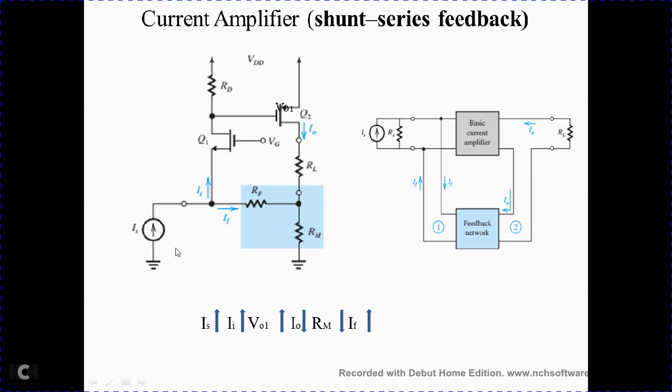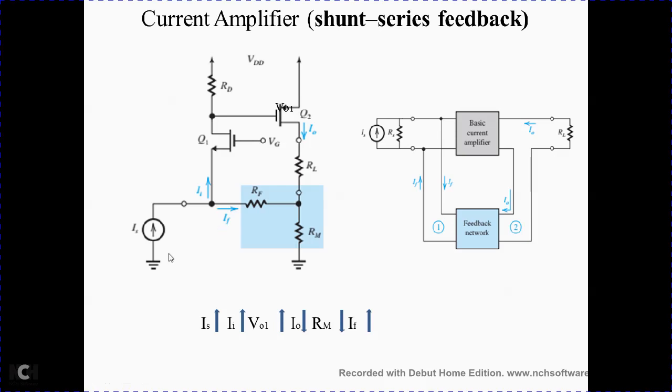Here you can see IS is equal to II plus IF, or else you can say II, the current flowing into the source of Q1, is equal to IS minus IF. In either way you can consider.